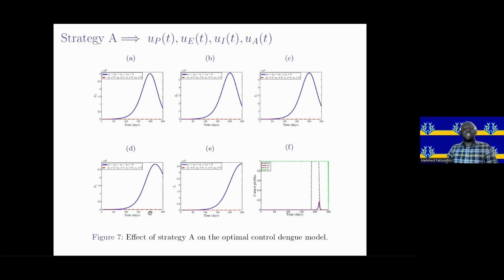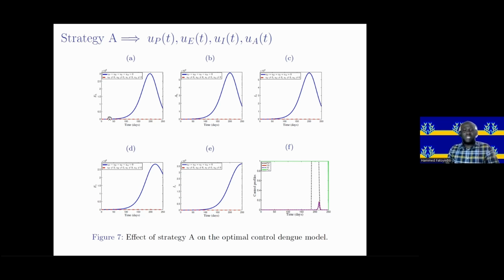So for this one here, this is the control intervention using strategy A, which includes all the 4 control interventions. Looking at this plot, this is the case of the exposed human. The blue curve corresponds to the case where the intervention hasn't been introduced into the model, while the dashed red curve corresponds to when we have introduced the intervention.